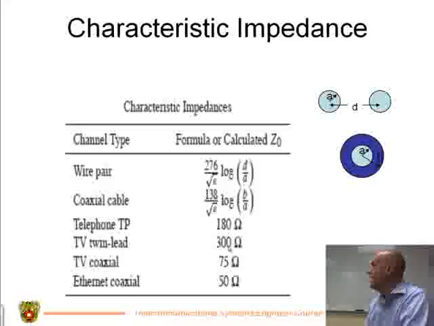For example, TV twin lead, those big flat cables with the two little spade connectors on the end that you screwed onto the back of your TV, has a characteristic impedance of 300 ohms. It was usually printed right on the back of old TVs.